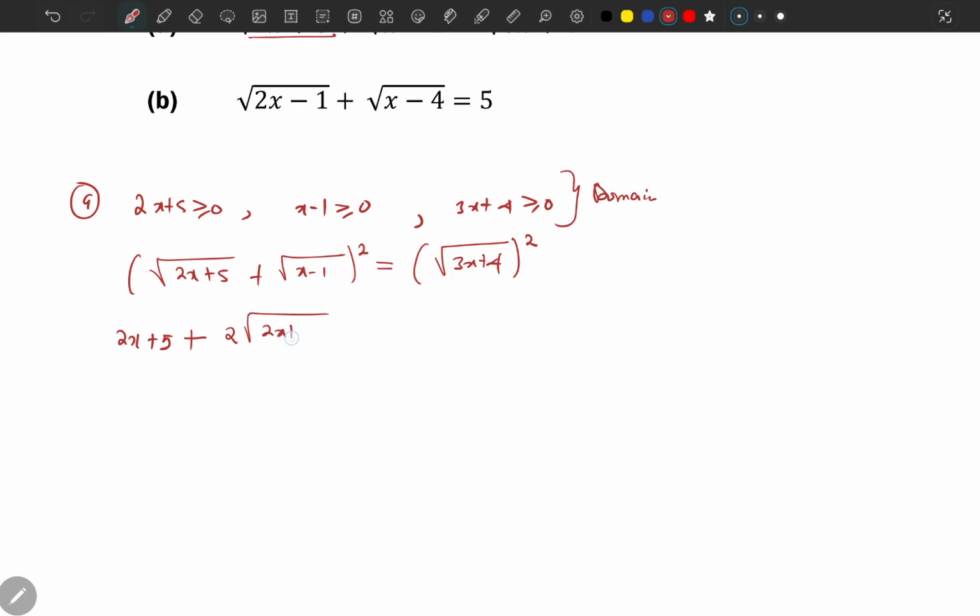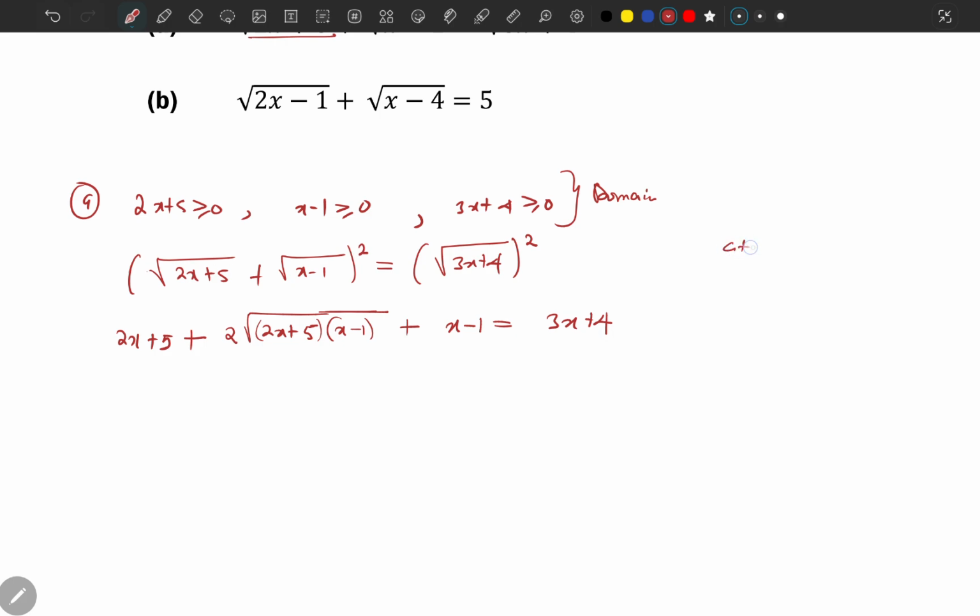root of 2x plus 5. Remember these are roots, so the root is common, so I can just put them inside. Plus, now this is squared to give me x minus 1, and this is equal to 3x plus 4. I just repeated this twice.